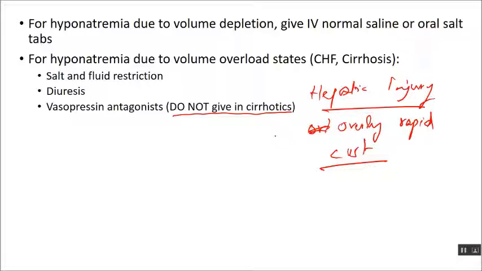And lastly, they increase the thirst mechanism. So because of that, if the fluid is not restricted, then it can limit the rise in sodium because of increased thirst. The patient will drink more water, and that can prevent the sodium from getting up.